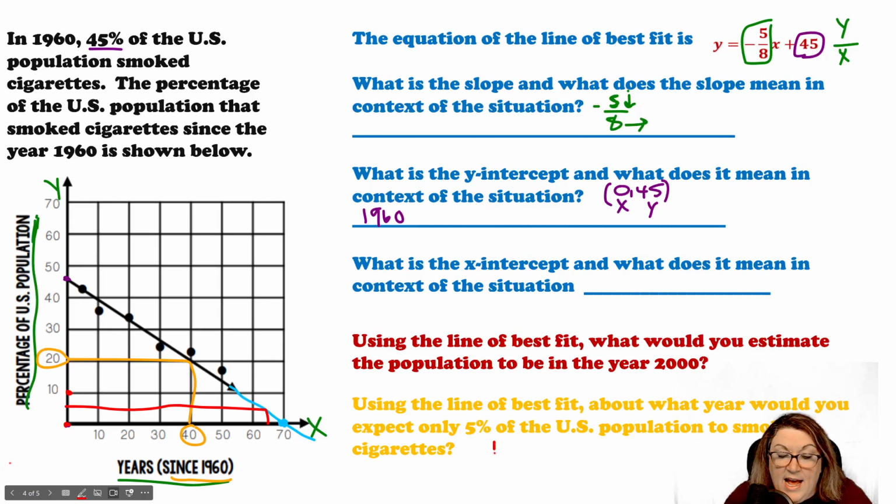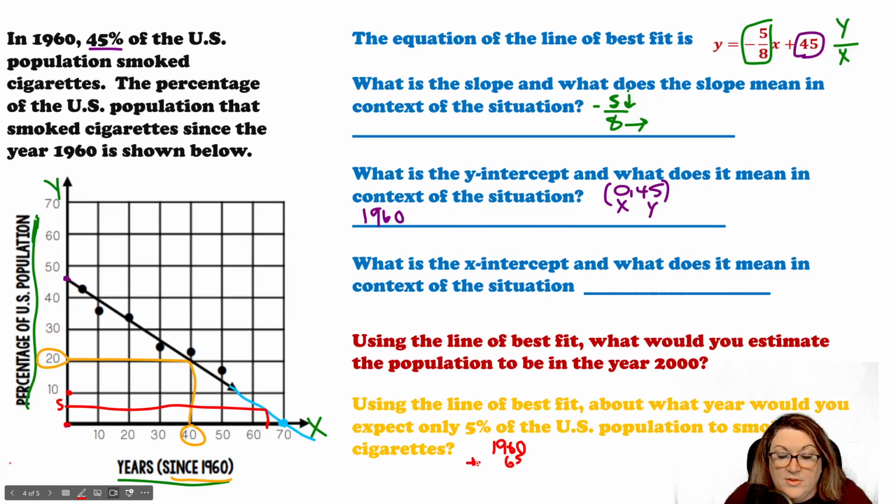And if I add 65 to 1960, that's about 65 right there between the 60 and the 70. Again, we're following it from the 5% all the way over to the line and then down to the x-axis to find out where it's going to fall, right?